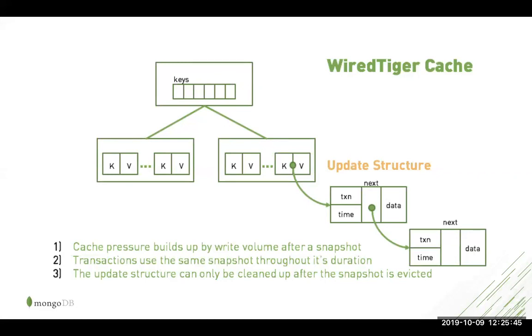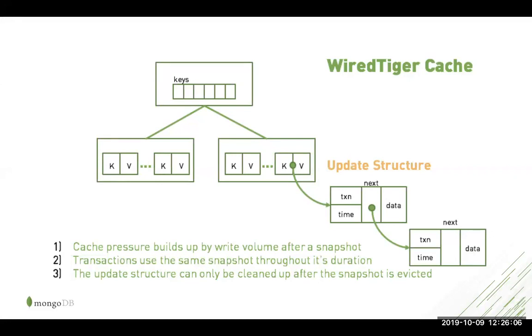The update structure contains multiple versions of the document. Everything that we're storing in the data portion of the update structure is just the deltas of the changes at that given time. So we have the time, we have the transaction ID, and we have the data.